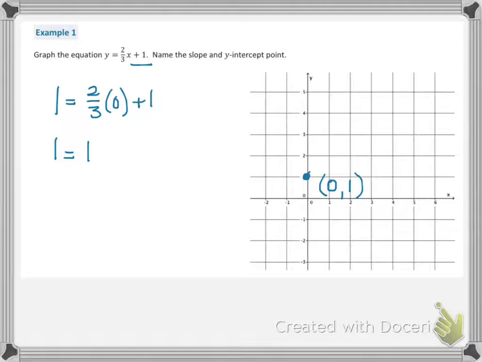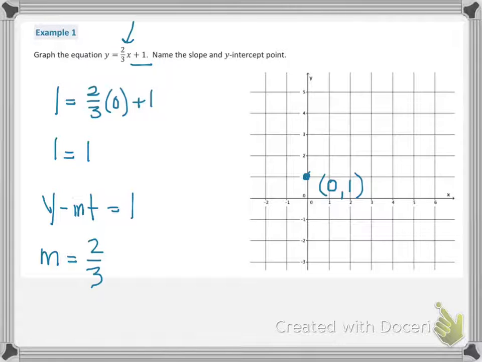It's on that line. Okay, and now I just need to name the y-intercept. Well, the y-intercept is 1. y-intercept is equal to 1. And I need to name the slope. Well, the slope is the coefficient of x, which is 2/3.